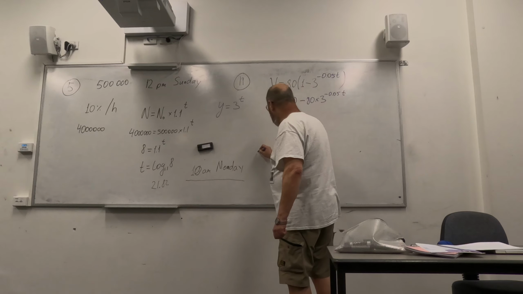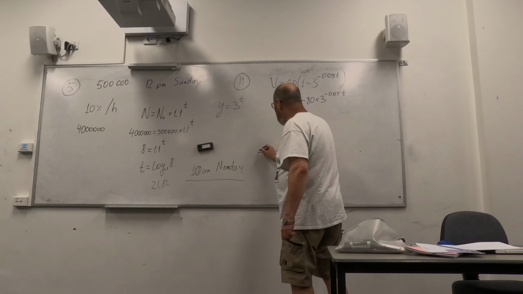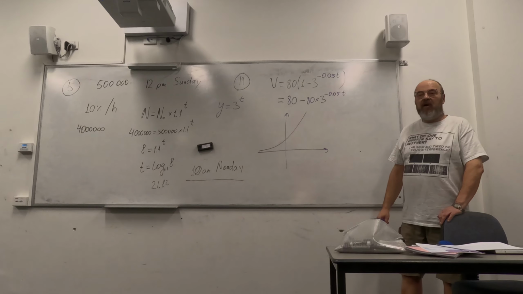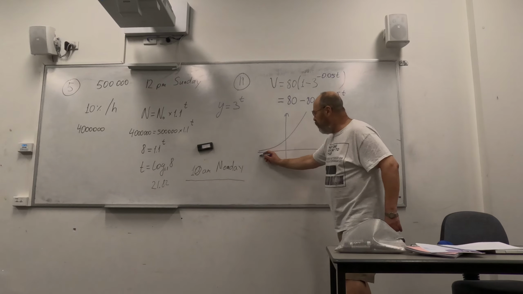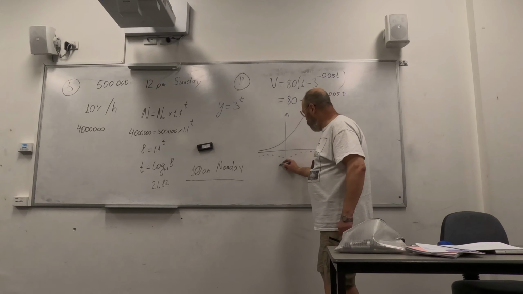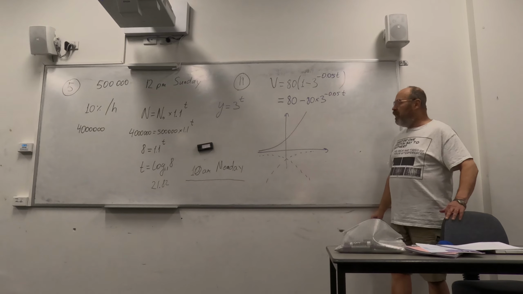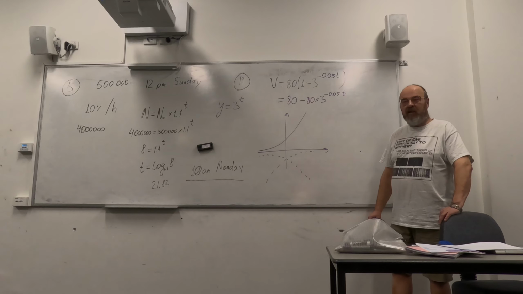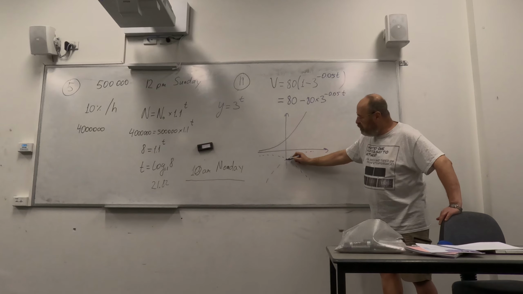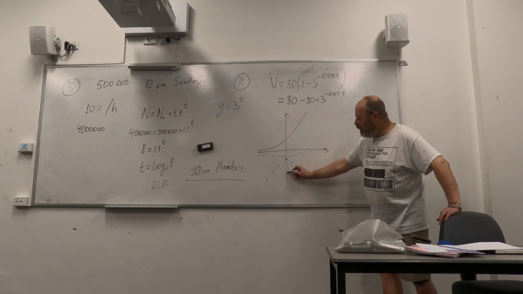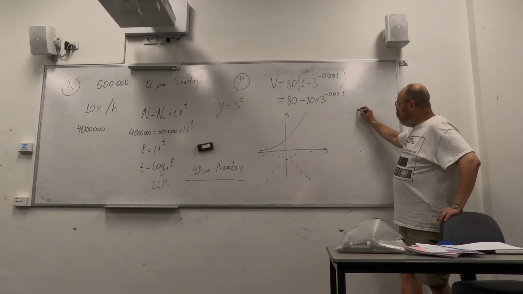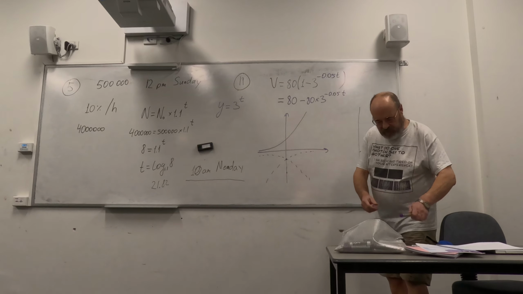So we have the graph of 3 in the power of t, its graph reflected in the x-axis, then reflected in the y-axis, and then dilated by 80, so 1 becomes 80, and we move it 80 up.